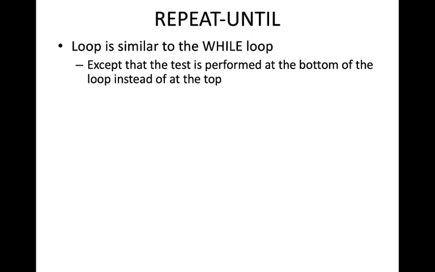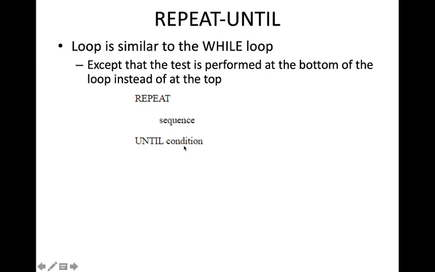This is the syntax: repeat sequence until condition. Whenever it enters here, all these sequence statements will be executed at least once, because we will not be checking the condition initially. After executing one time, we check whether the condition is true or false.